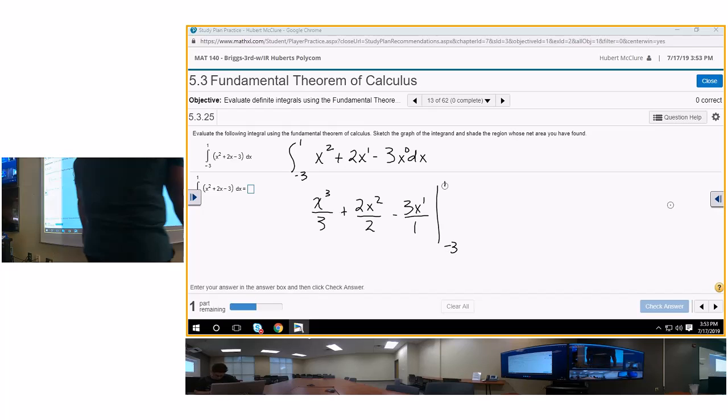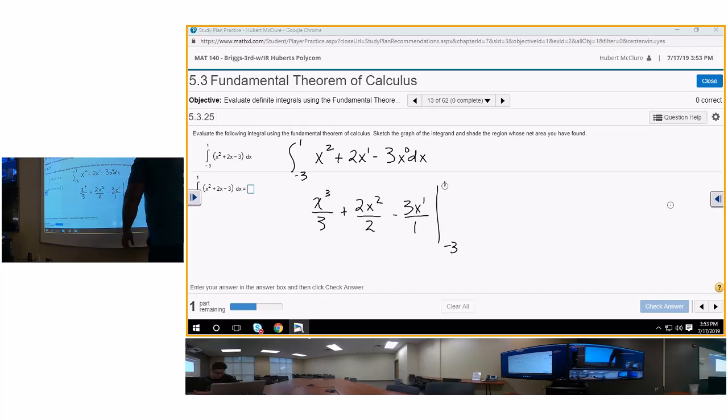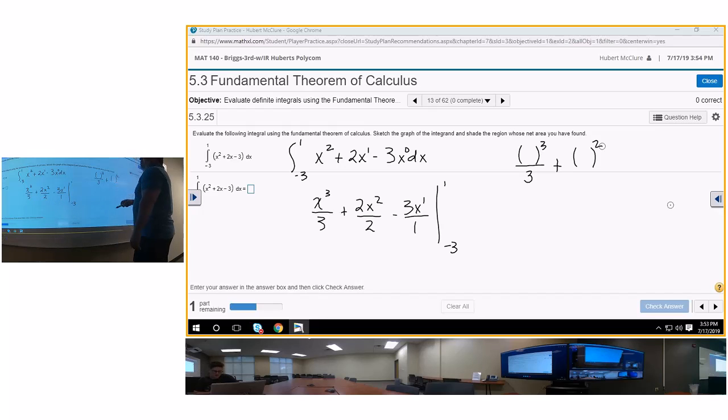So I'm going to go over here and do cube over 3 plus square, because the 2's cancel, minus 3 times the quantity. I always put brackets on there just in case.